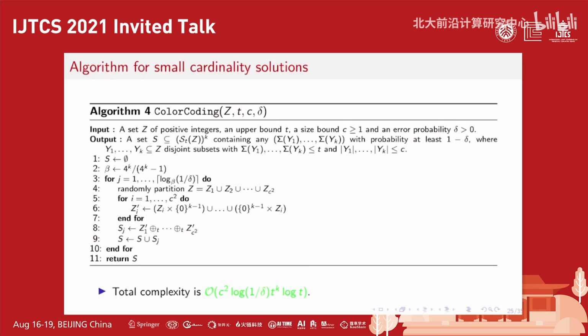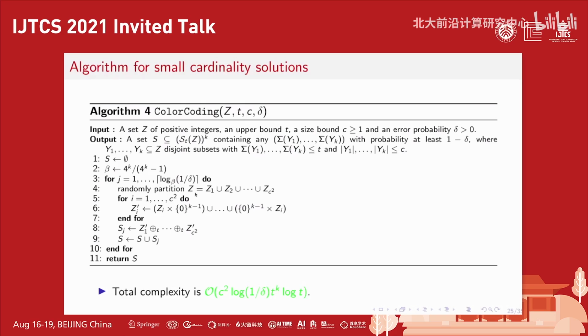We first present the algorithm for the small solution size subset. Here we essentially want to find any k-tuple where all the involved subsets are disjoint and of restricted cardinality, at most c.